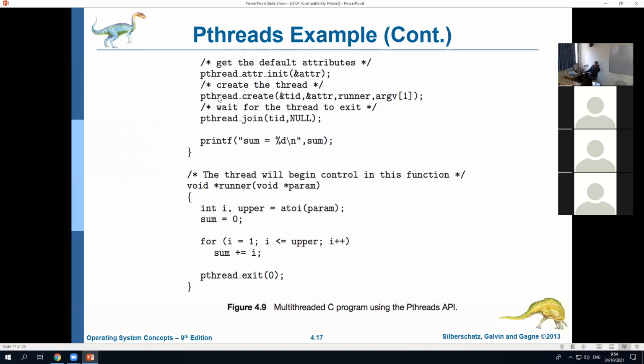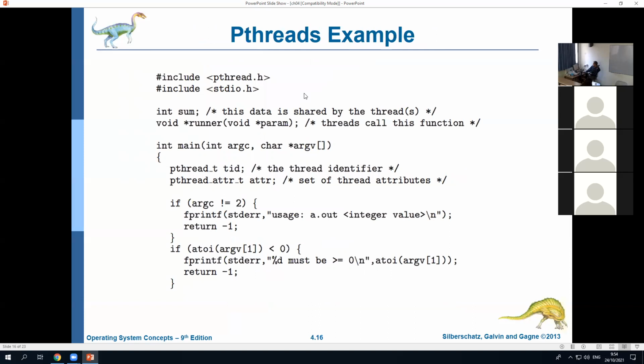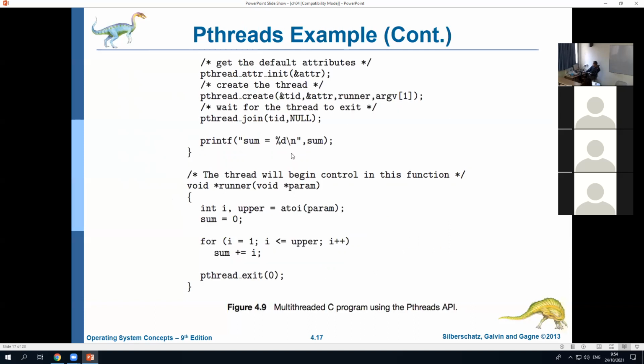Here is my function called pthread_create, which I give the TID and whatever attributes I defined over here. Here I just defined default attributes. And runner, what's runner? Runner is this program. Where is it? Here.